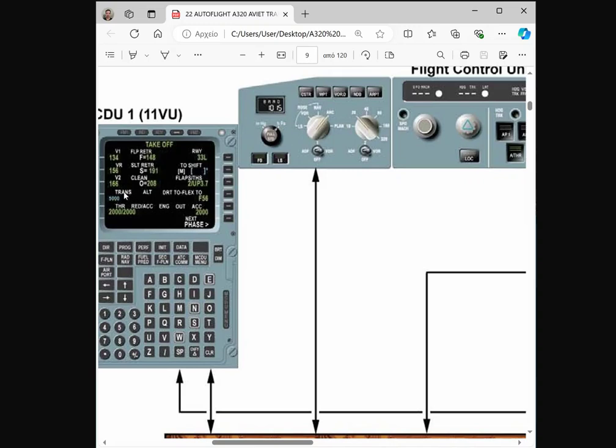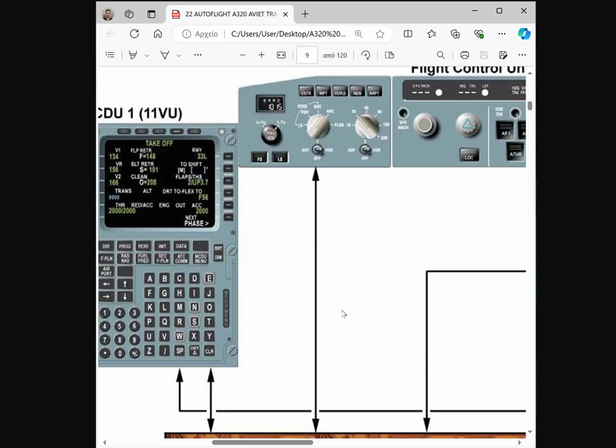So the transition 5,000 feet flexible. So the thrust here, the throttle, and also the ACC, the aircraft coordination.